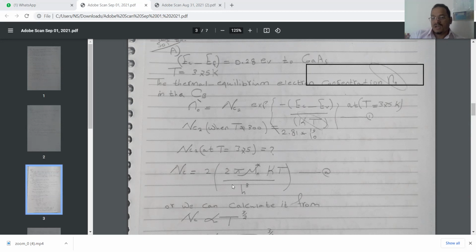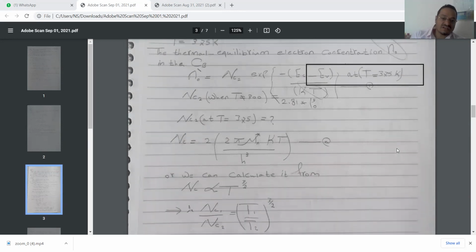It's complicated. If I can avoid this complicated calculation, that will be easier for us because I will use another math trick.